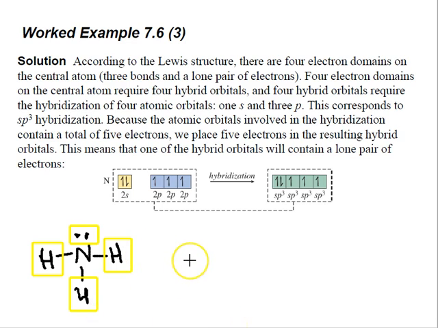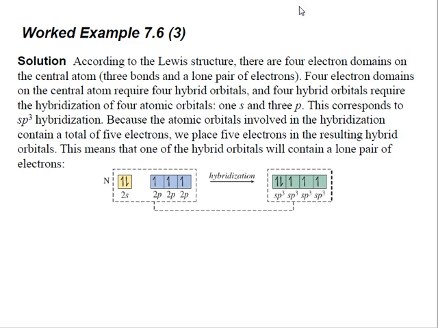The only one of those hybridizations that has 4 is an s, a p, a p, and a p. You have s, 1, 2, 3, 4, and that comes out to be sp3 hybridization. So a very easy way to do it is to draw your Lewis structure and then count how many things you have attached so that you can get your hybridization.